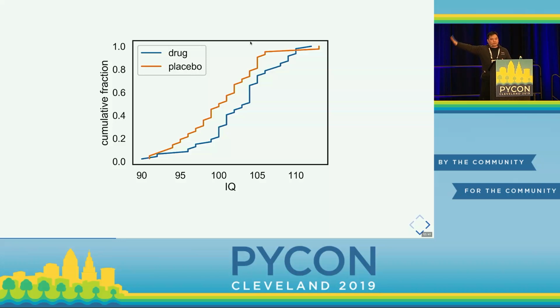Great. So I don't really need to explain too much about what it says. Just very quickly for the benefit of those who haven't seen it, on the x-axis, we have the values that we've measured. On the y-axis, we plot what cumulative fraction of samples have that value or less. And so the tails of the distribution are on the left and the right. The meaty part is in the middle.